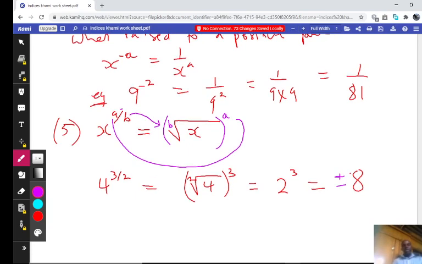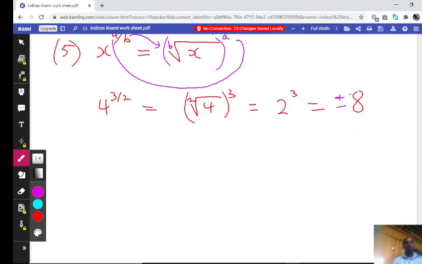Right, now moving on to the last law of indices. This one is a number with a power raised to another power. You maintain that number and multiply the powers. A number x with a power a raised to another power b is x to the power a times b.